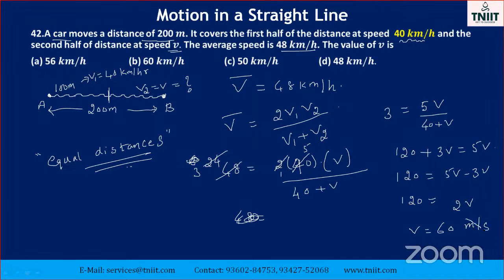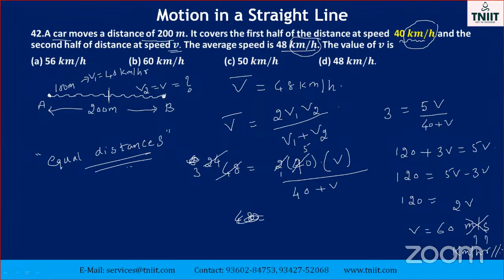Don't write 60 meter per second, because all the units are expressed in kilometer per hour. So no need of writing meter per second. It should be represented with kilometer per hour only.